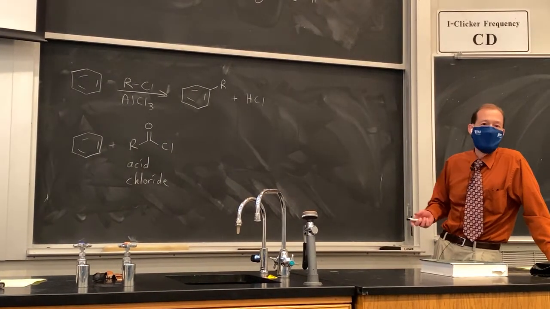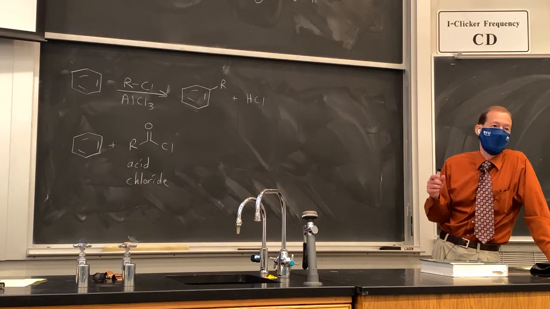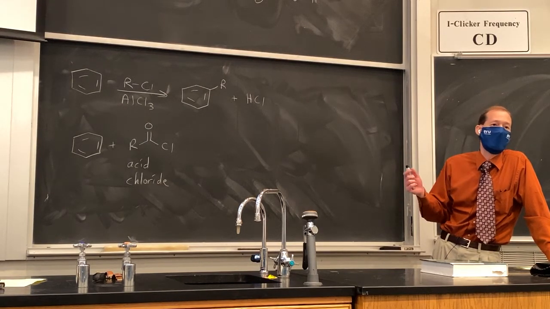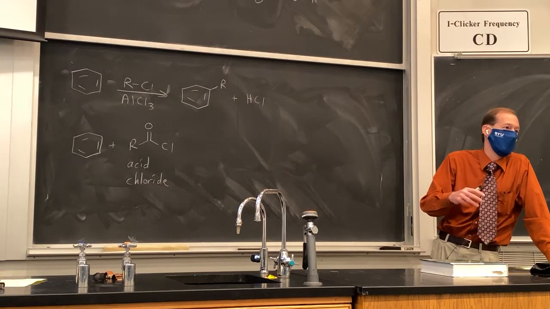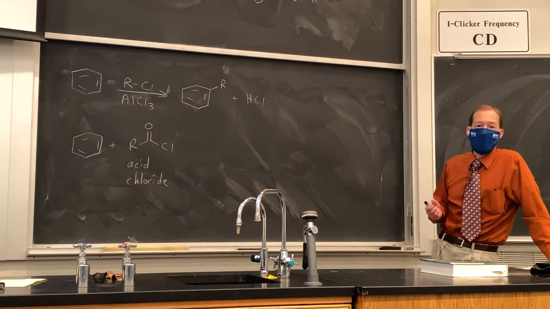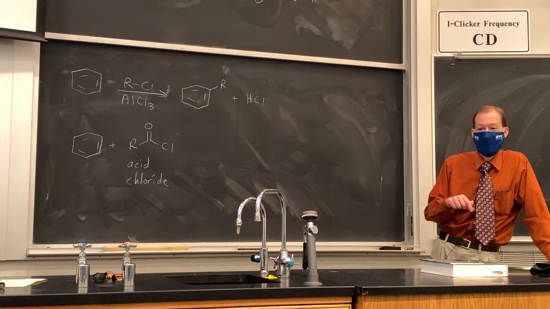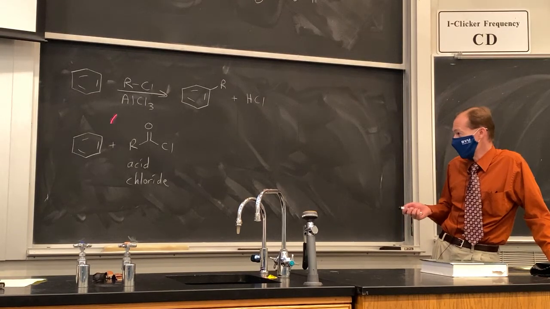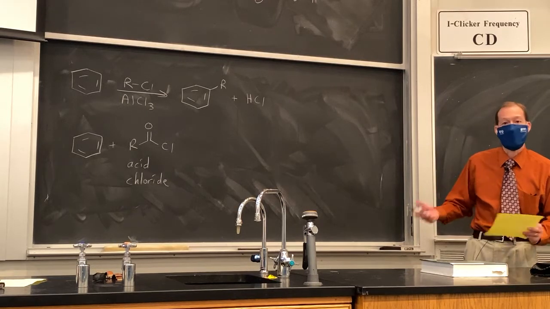This molecule itself is not an acid. It is derived from an acid. You make an acid chloride by starting with a carboxylic acid. That's something we're going to learn in a few chapters. So an acid chloride is named because it is derived from an acid, not because it is an acid itself. So don't waste any time looking for acidic hydrogens in acid chlorides.